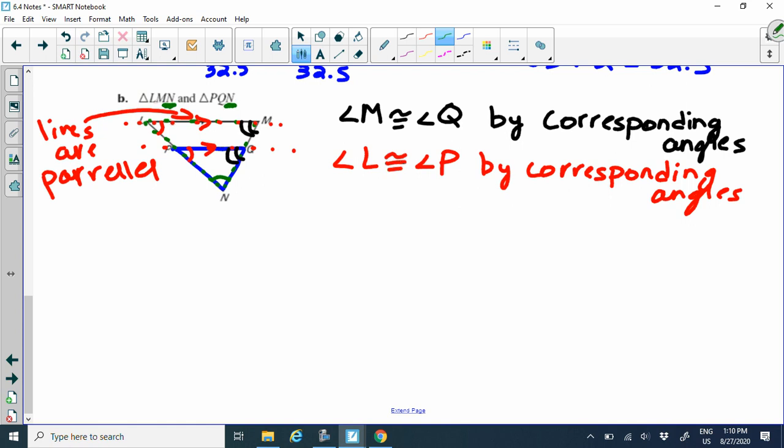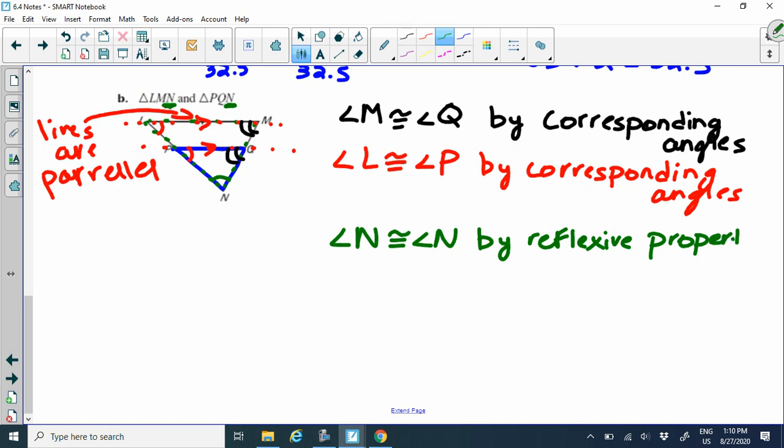Because they are the same angle, they are congruent. What we call this is the reflexive property, meaning that two things share the same thing. In this case, two triangles share the same angle.